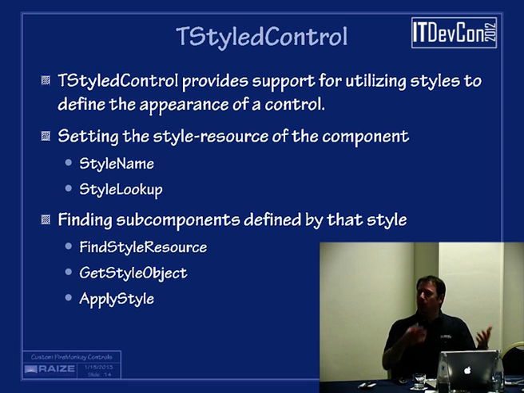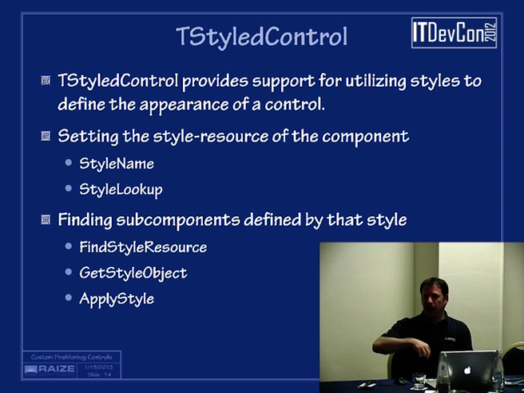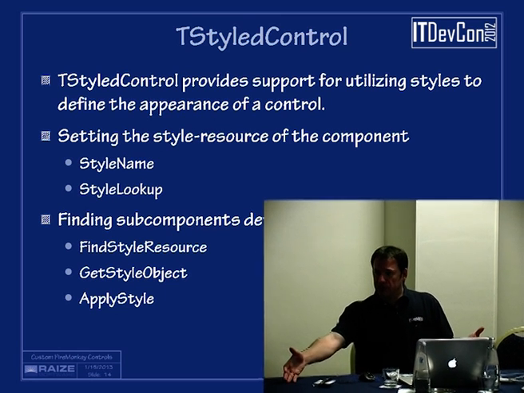And you might be wondering, well, what is that for? It's not used a lot on your form directly, but it can be. We're going to use it when we define the styles for our own custom controls, because it's how we're going to connect our code to the style pieces.